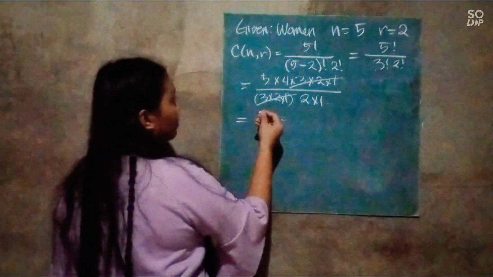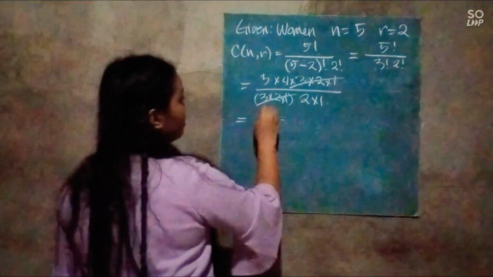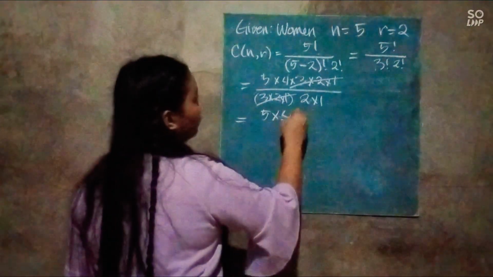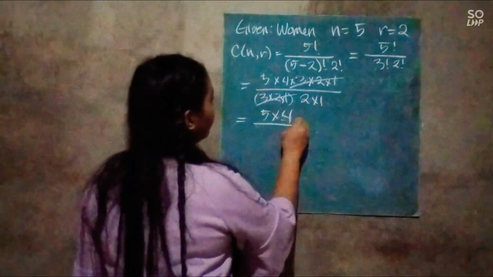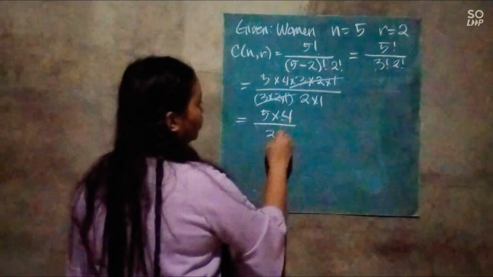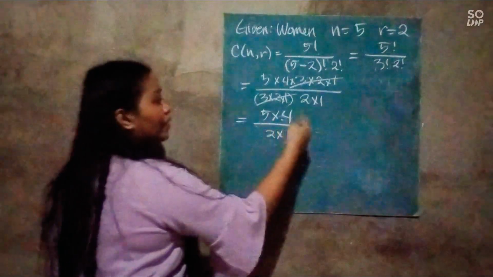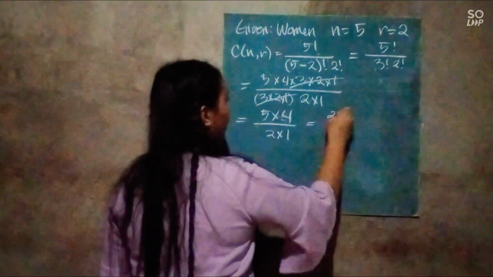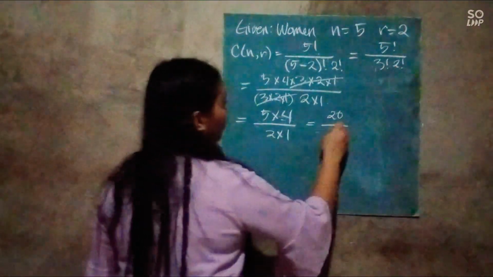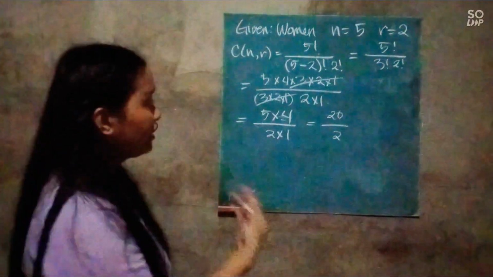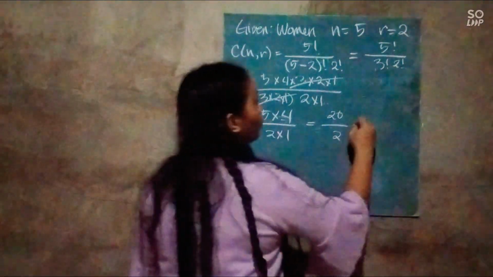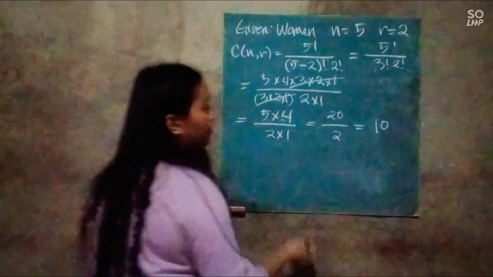So the value that is left is 5 times 4 and 2 times 1. So 5 times 4 is 20 and 2 times 1 is equal to 2. So 20 divided by 2 is equal to 10.